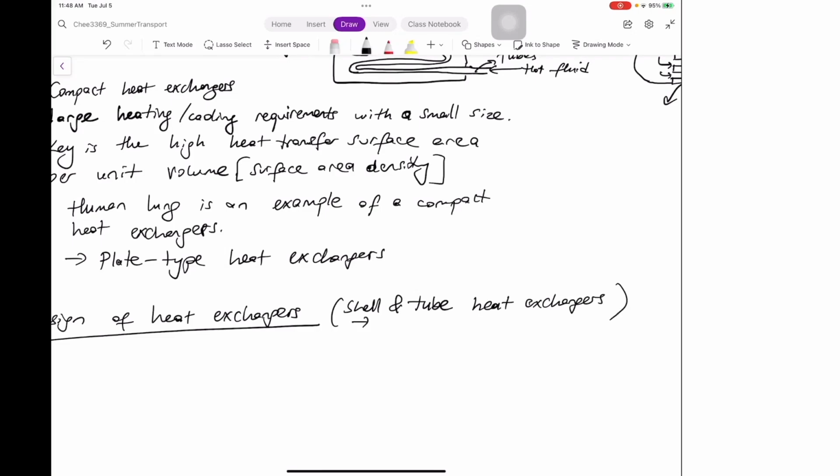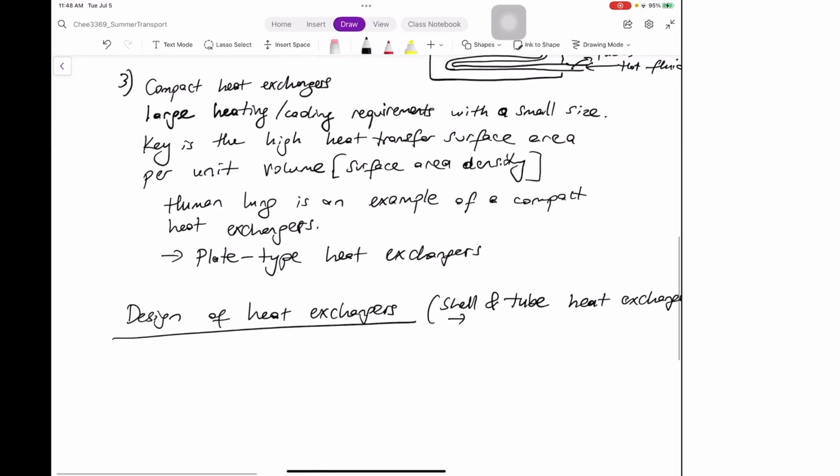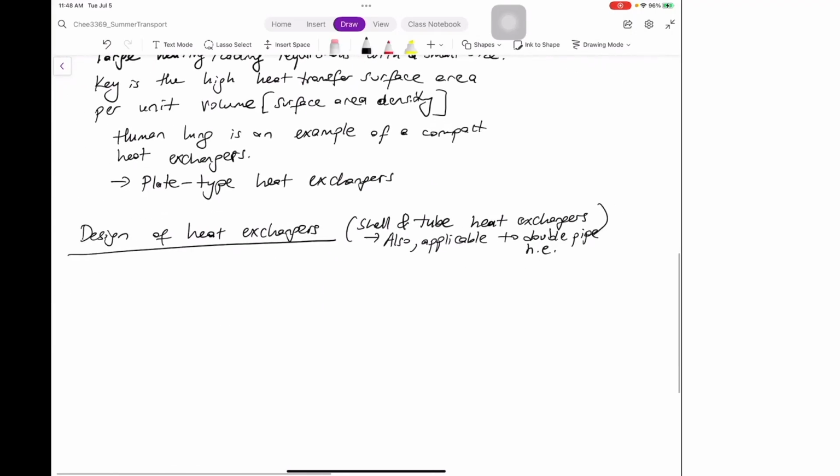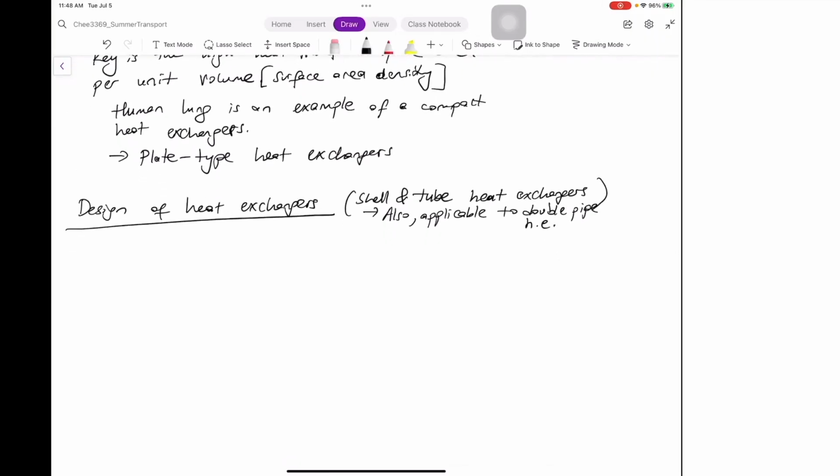The idea is similar to the double pipe. Also applicable to double pipe heat exchangers. So our model is going to have something like this.